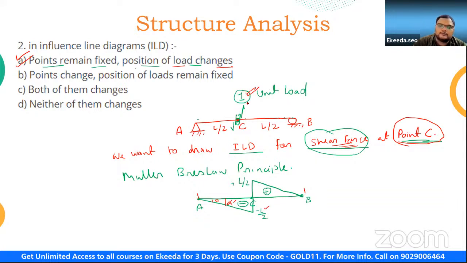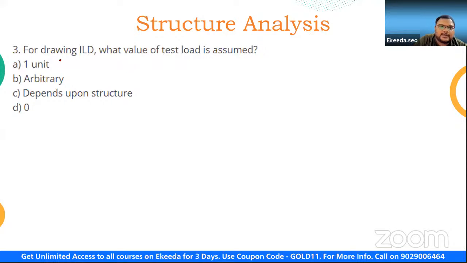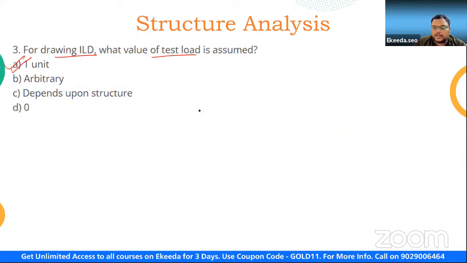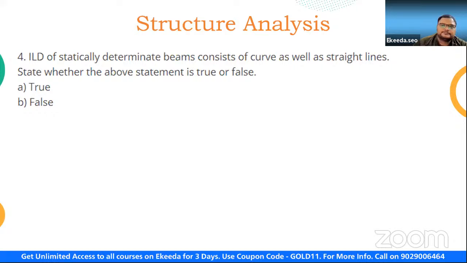So always remember that whenever we have to draw an influence line diagram, we assume a test load of 1 unit. I have already told you that a unit load of 1 is assumed to draw the influence line diagram. I hope we are clear up to this point. Now let us see the next question.